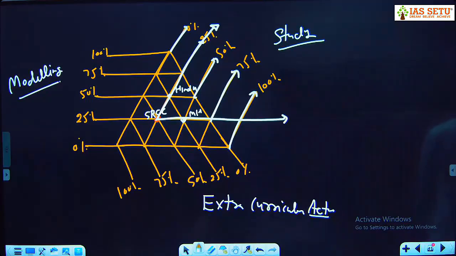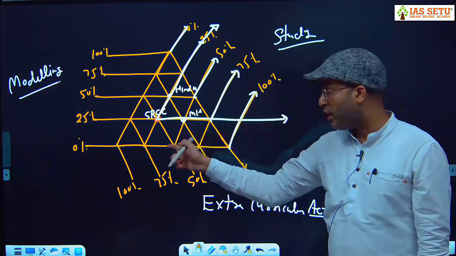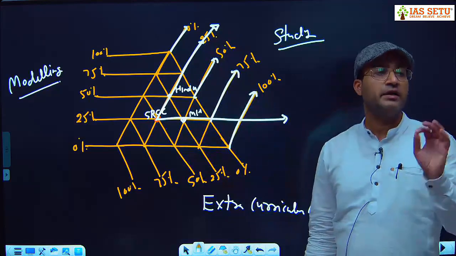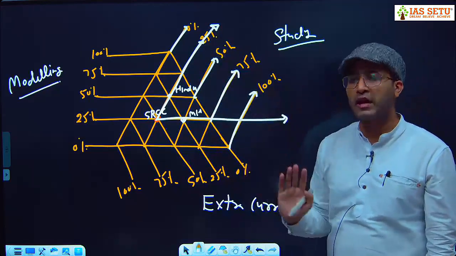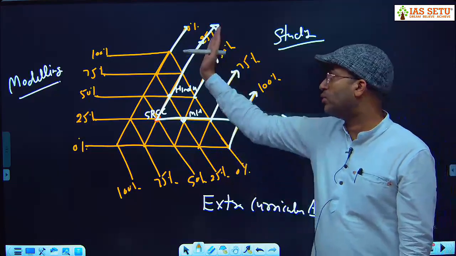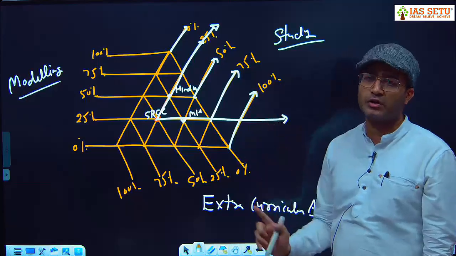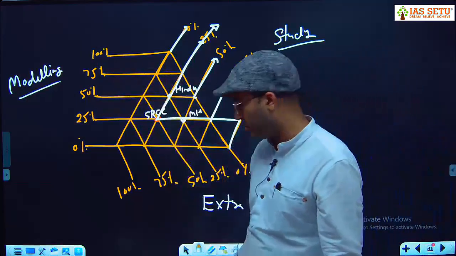Correct or wrong? Correct. Why? Because you are parallel to your scale. You have to draw the line in the direction of the extended line. If it is parallel to your extended line, correct. Parallel or overlapping is correct. If it cuts, if it intersects, it is wrong. Wait. SRCC in the field of modeling.